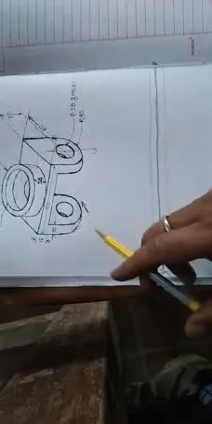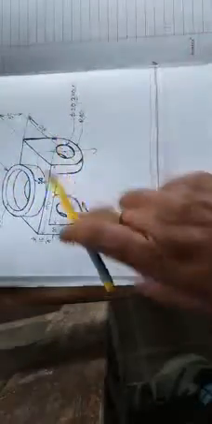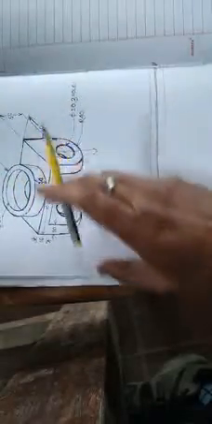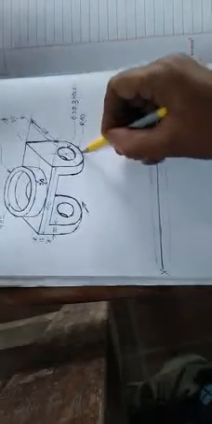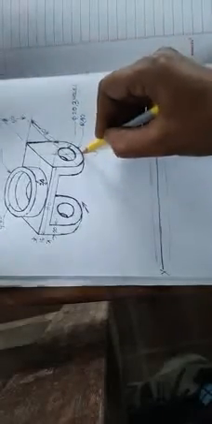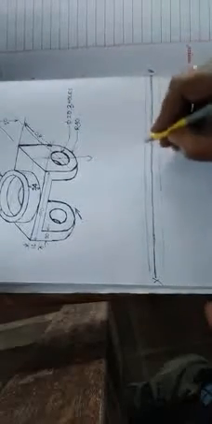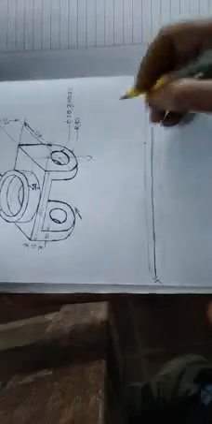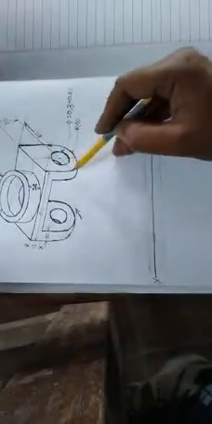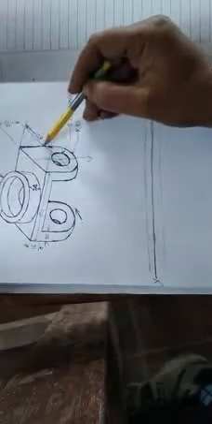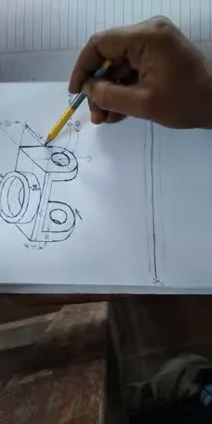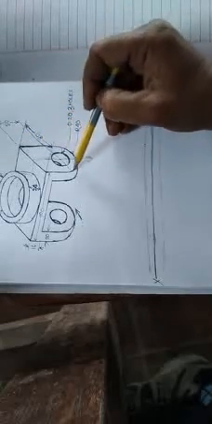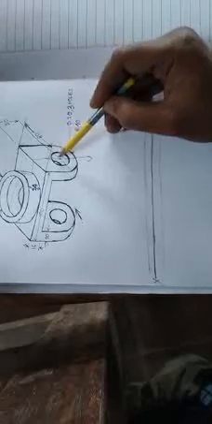In the sectional front view, this side is our front, so take this point, the extreme right and bottom portion, here. The height from here to here is 50, and the radius is 40.